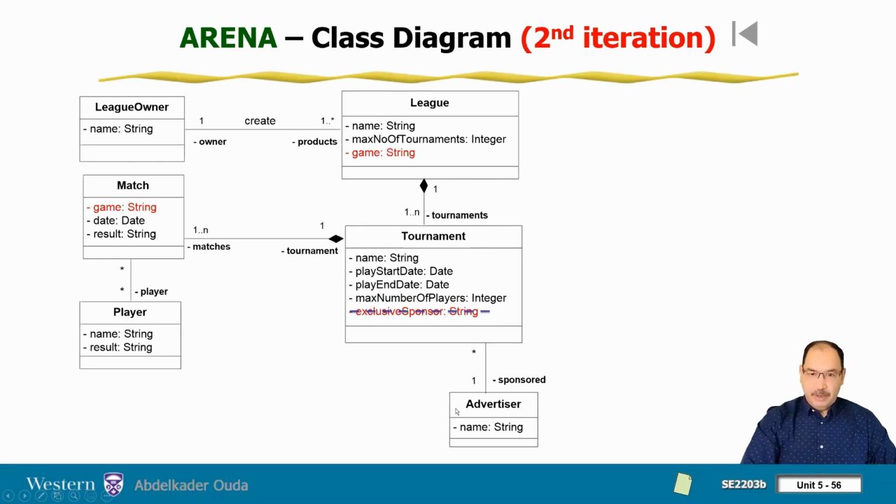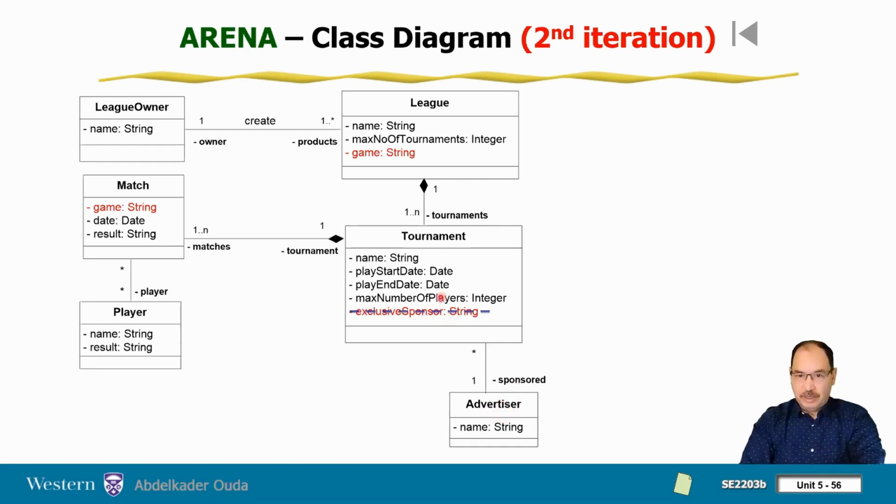But now the advertiser is represented by a class by itself, and that class has the name and other information. So in this case, that should be an association relationship instead of just a primitive data type. So instead of having exclusive sponsor, I write here sponsored by, and the type of this is simply advertiser.